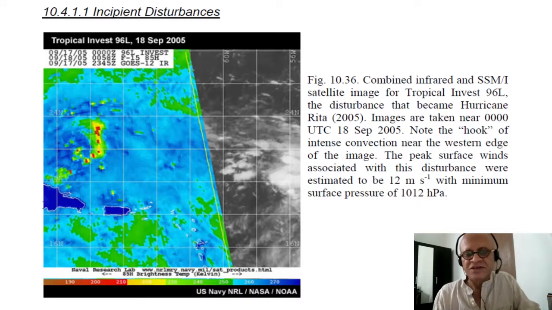So the ideas about vertical shear may be changing a little bit. And of course we need energy from the ocean and vertical motions that are feeding the convection that are trying to strengthen the incipient vortex.